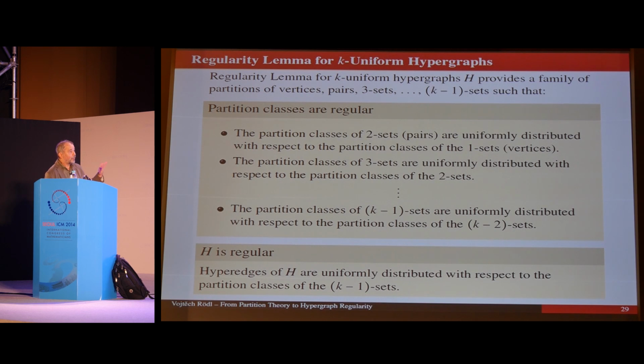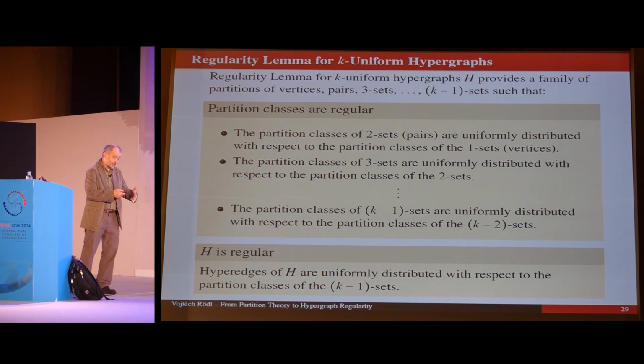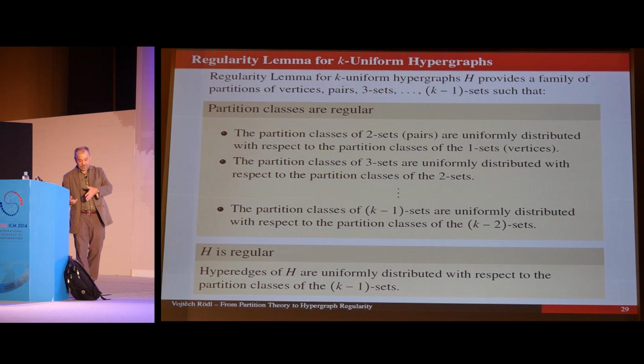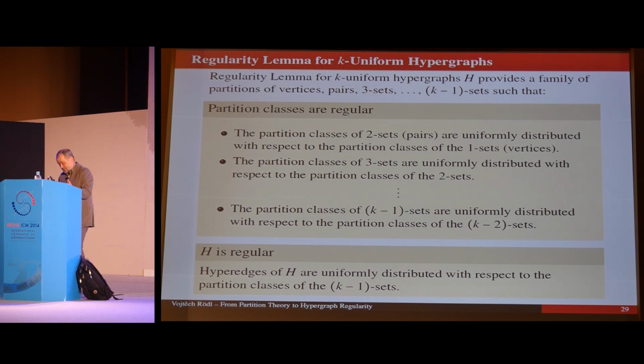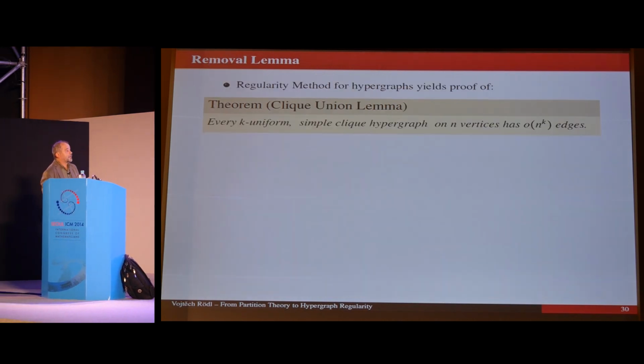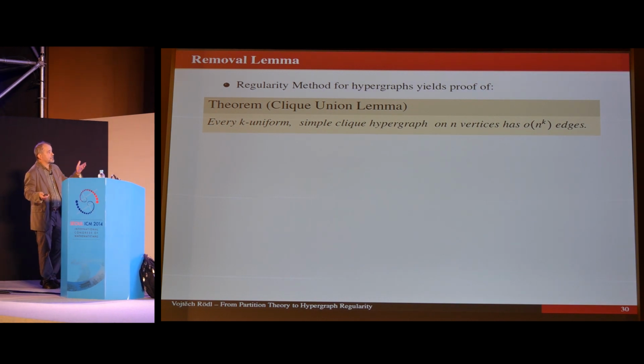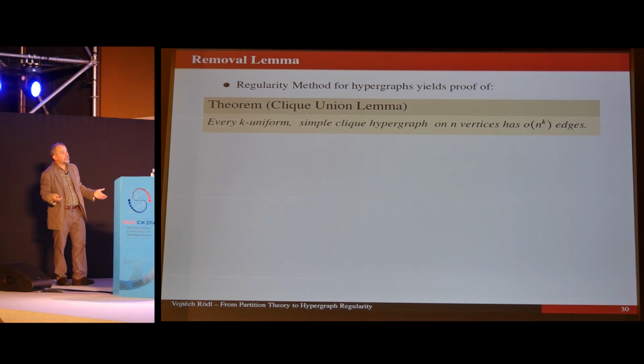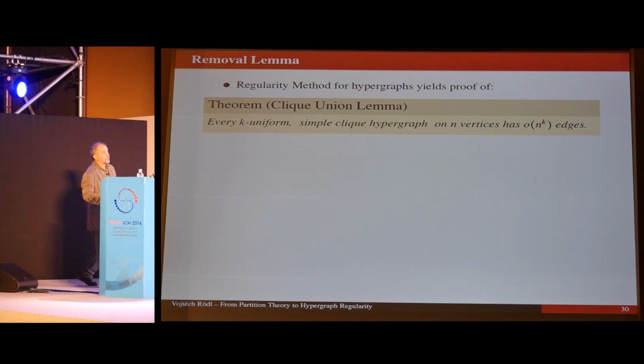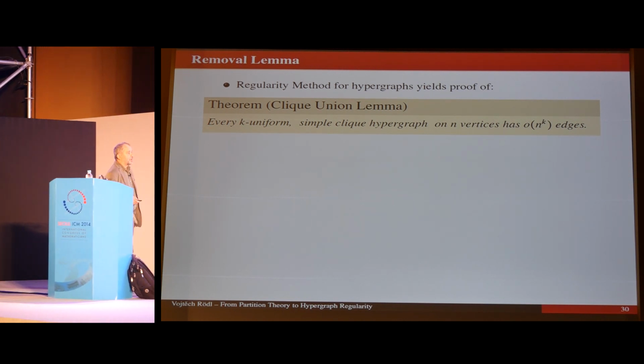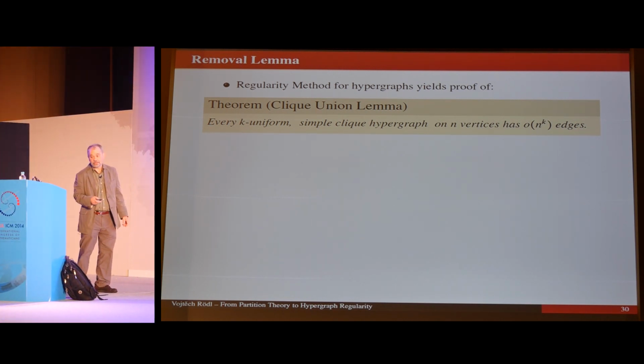Anyway, with such a lemma, one can then prove the corresponding counting lemma, which, similarly to the triangle counting lemma, finds some subgraphs in these regular blocks. And then one can prove with such a lemma this clique lemma, that every k-uniform simple clique hypergraph on n vertices has little o of n to the k edges.